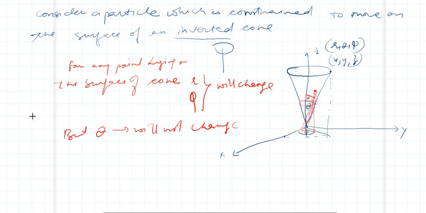And I know that these are basically the coordinates which I have chosen in this diagram. These all are spherical polar coordinates. One is the Cartesian, x, y, z are the Cartesian coordinates, and r, theta, phi are the spherical polar coordinates. So what is x? Let us have a look. x is equal to r sin theta cos phi, y is equal to r sin theta sin phi, and z is equal to r cos theta.